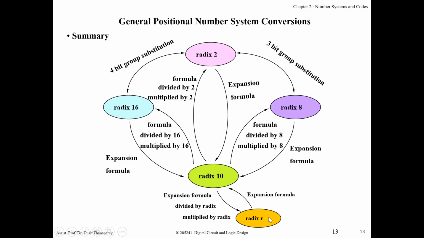Then this page just shows some conclusions: how to convert between decimal or radix 10 and any radix R, or radix 8 or 16 or radix 2, and you can convert between radix 8, radix 2, radix 16 directly.